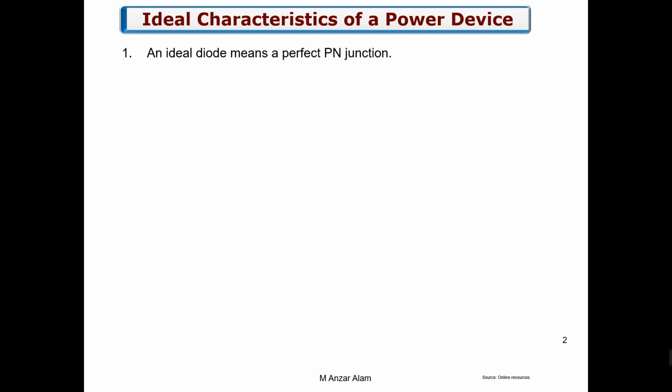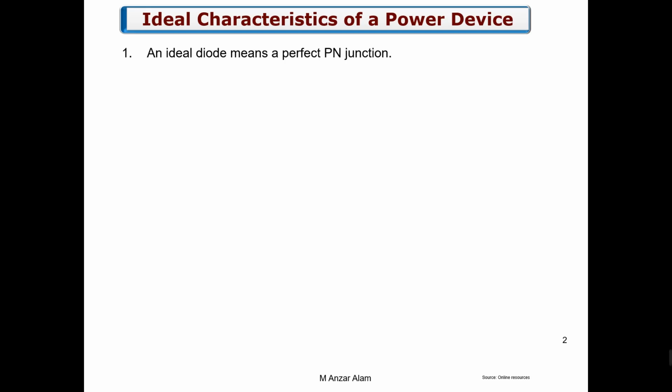Ideally, the diode should be like this: it should not have any barrier voltage, and it should not need an external potential to turn it on.